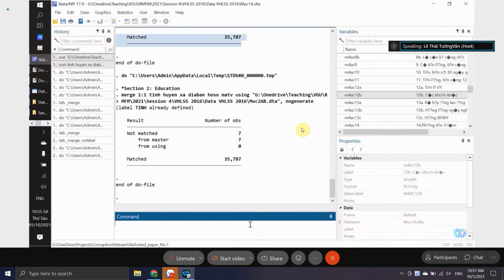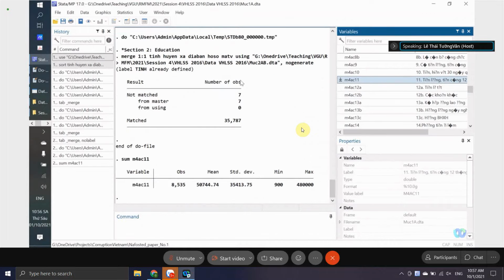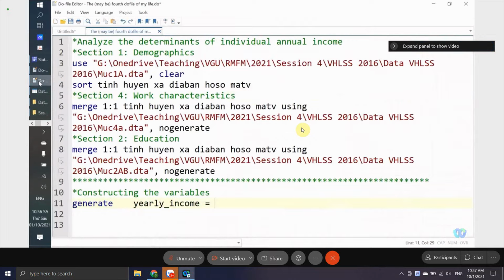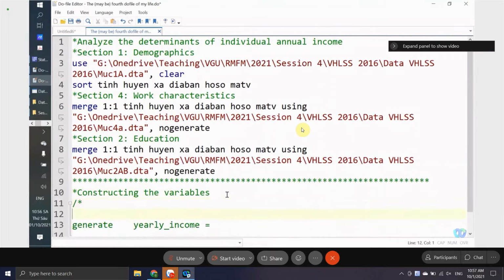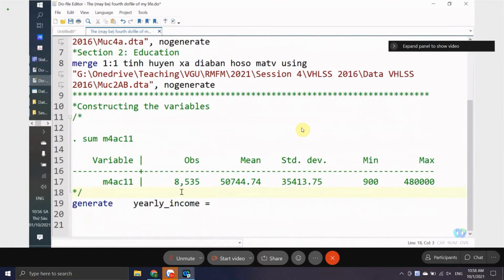Let's say you put sum. Ladies and gentlemen, now you put sum, section 4A, question 11. This is the information.